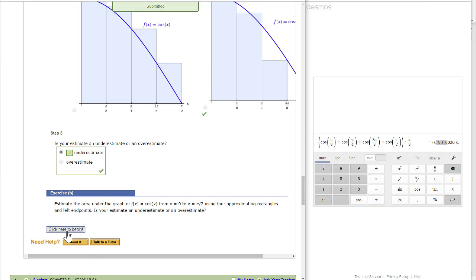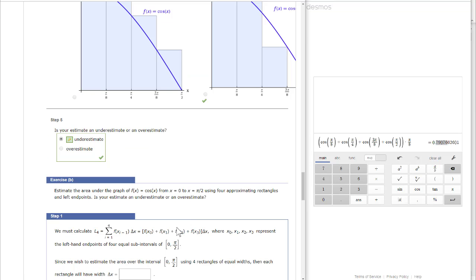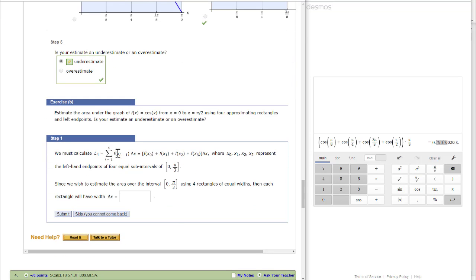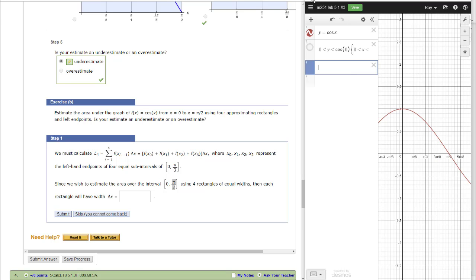Okay, now the second part is doing the same thing, except we're going to use the left-hand side. So we're going to start off with x naught equal to 0, and then we're going to go as far as the one right before pi over 2. If we look at the graph, the one before pi over 2 is 3 pi over 8. So we're going to go 0, pi over 8, pi over 4, 3 pi over 8, and then that's it.